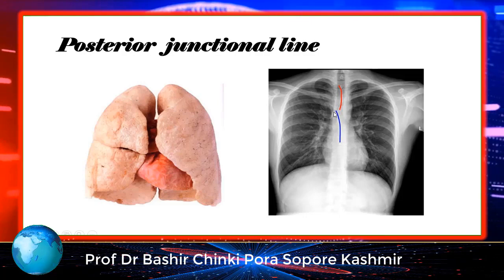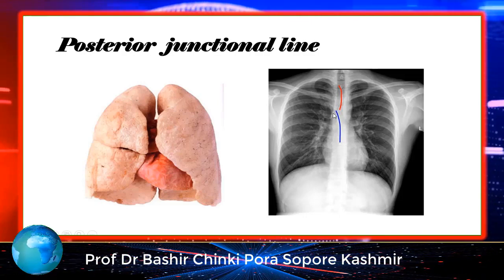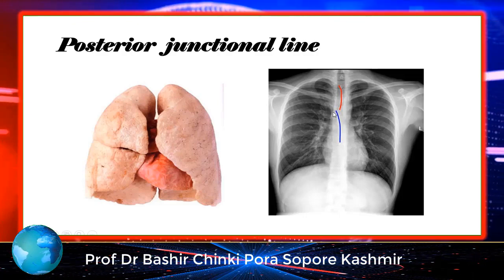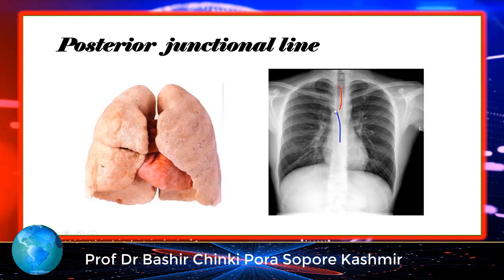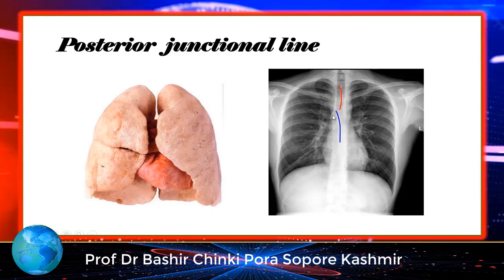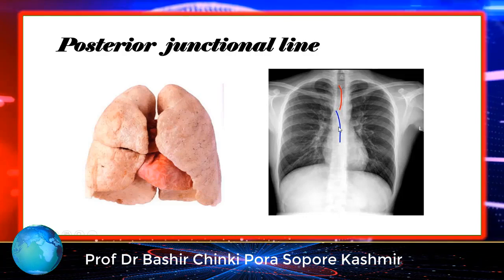So this portion here is the azygos vein, right? It ends near or at the azygos vein. This portion is the azygos vein, and this is the anterior junctional line.